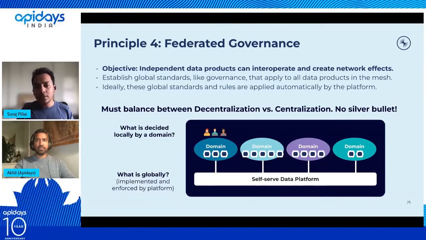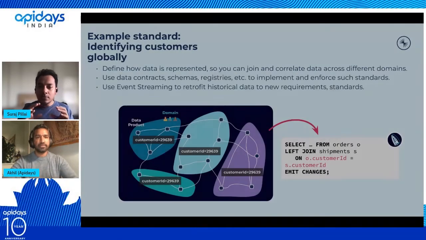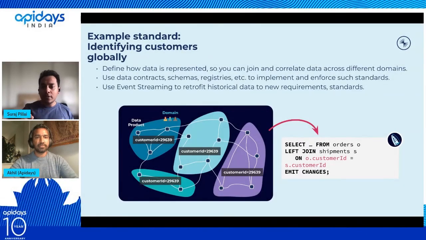The final piece in this is federated governance. And what I mean by that is we want to make sure that even though we are talking about decentralization at each given point in time, there has to be some method to the madness, right? There has to be some centralized governance still on top of that, because let's say I have a customer ID attribute in one domain.